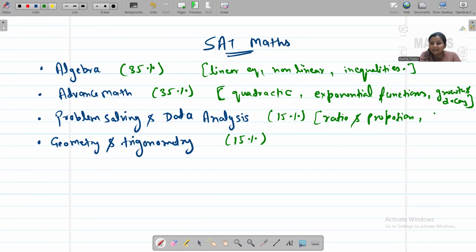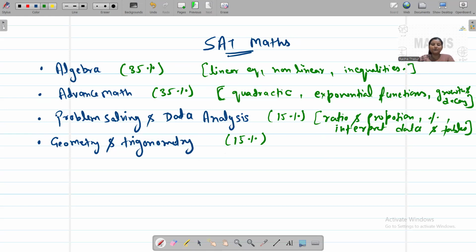Then you have percentage problems, and relationships like working with data, ratios, percentages, interpreting data and tables. So you may get questions from these topics: ratio, proportion, percentages, interpretation, and data representation type questions also.